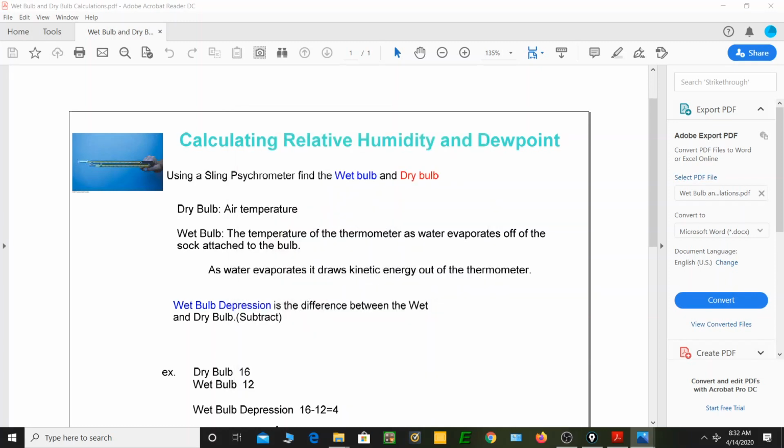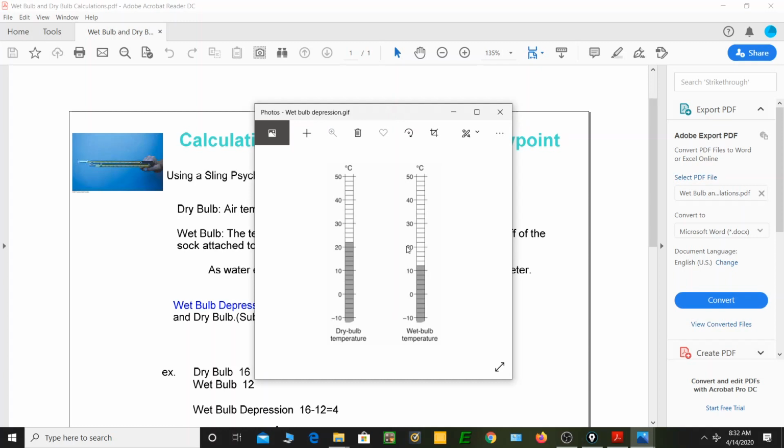So what this looks like, if you take the dry bulb and the wet bulb on our Sling Psychrometer, okay, there's the dry bulb. This temperature is always going to be higher than the wet bulb because there's no evaporation occurring here. As water evaporates off of the wet bulb, depending on how dry the air is, this temperature is going to drop.